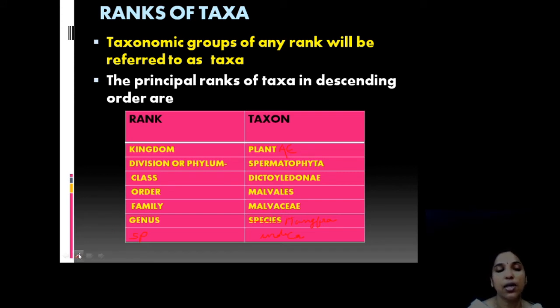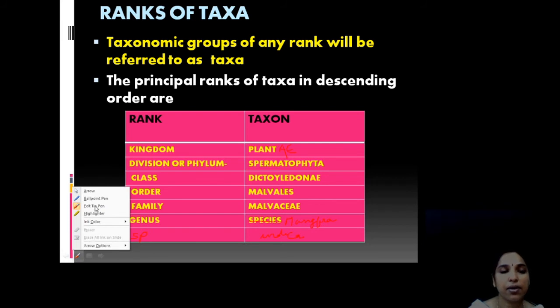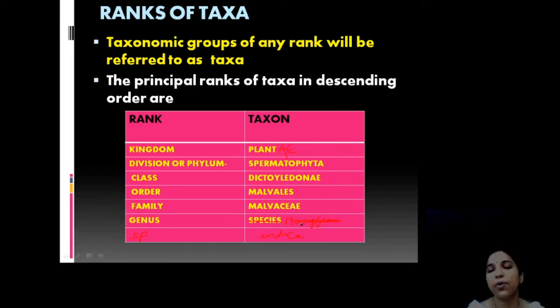Here under Malvaceae, if you want, I will rub it and you can have Hibiscus, one example, shoe flower. You can correct it and have Hibiscus rosa-sinensis.